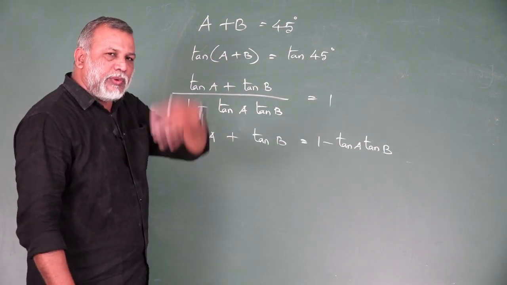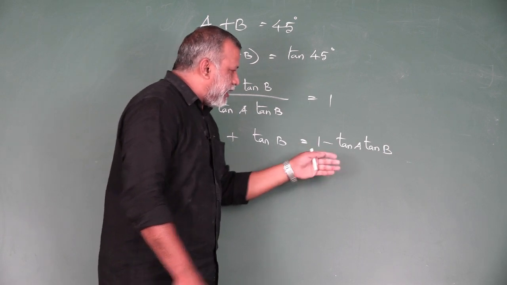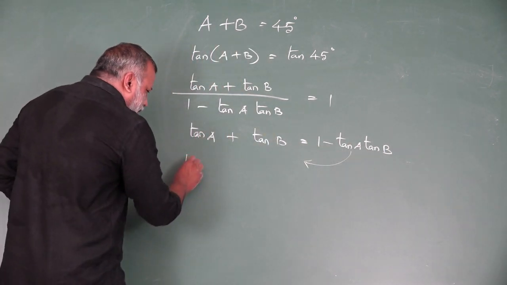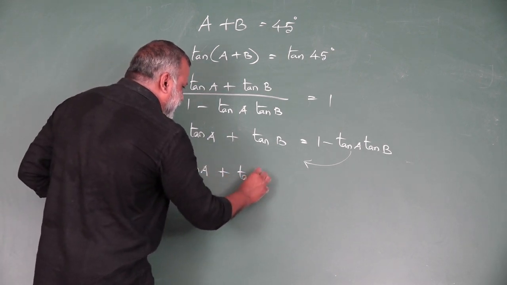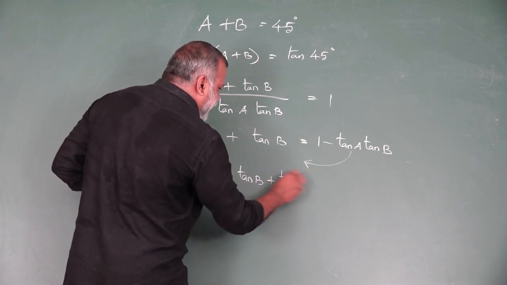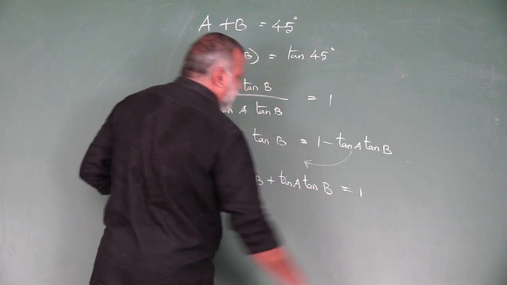In your proof, in your RHS, we need the constant 2. Therefore, keep this 1 and convert this tan family into your LHS. Already we are having tan A plus tan B, then plus tan A tan B is equal to 1.